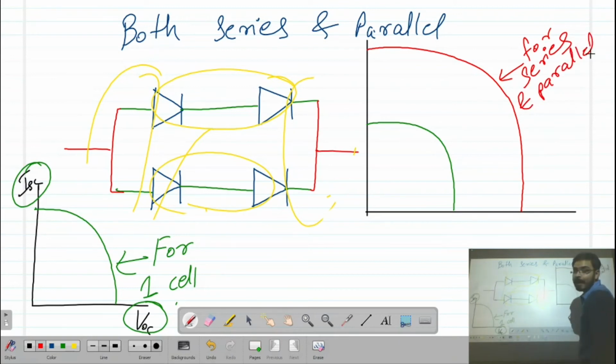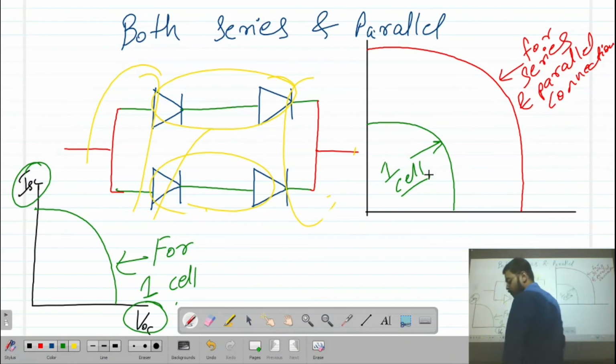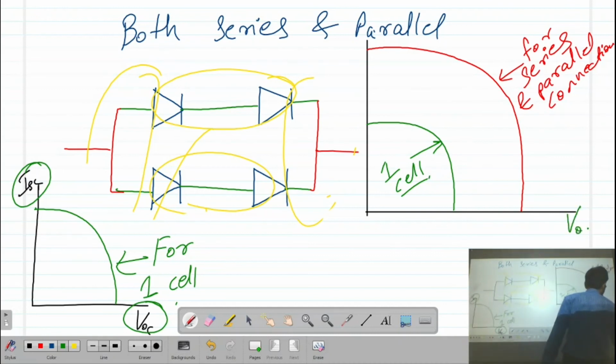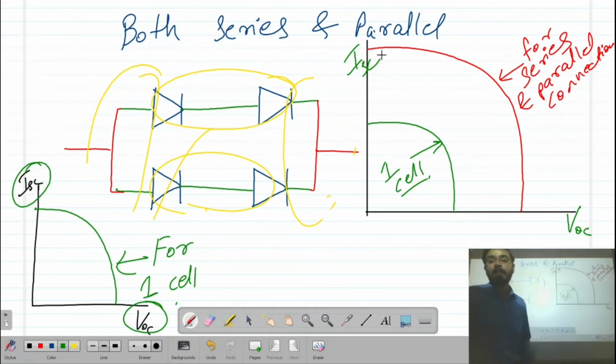The red one is for series and parallel connection, and this is for one cell, right? So you can see in series connection we can increase the voltage. This is VOC, this is ISC. In parallel connection we can increase the current.